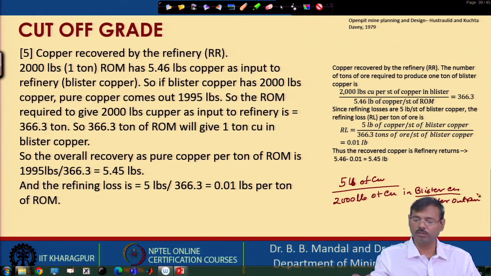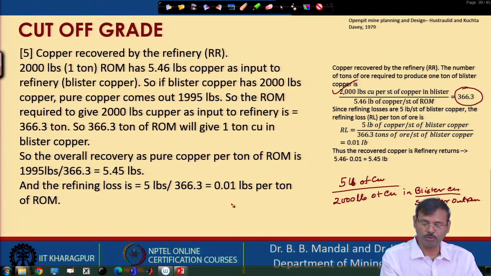So, in consideration to that, we know in our 1 short ton of ROM we have 5.46 pound of copper. So, after the smelting, that means in the blister copper, we have 5.46 pound of copper from 1 ton of ROM. So, in blister copper, to get 1 ton of copper we need 366.3 tons of ROM.